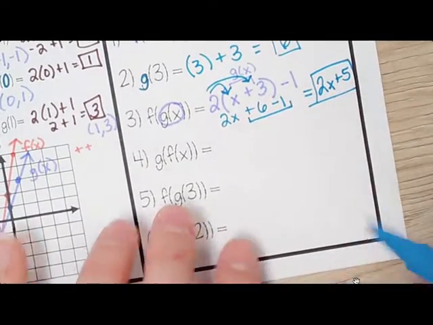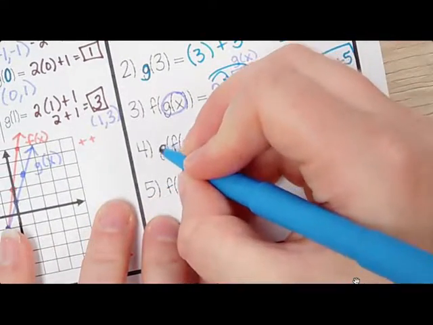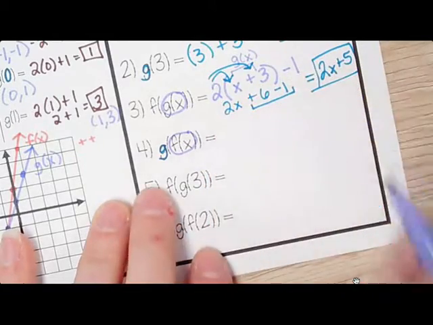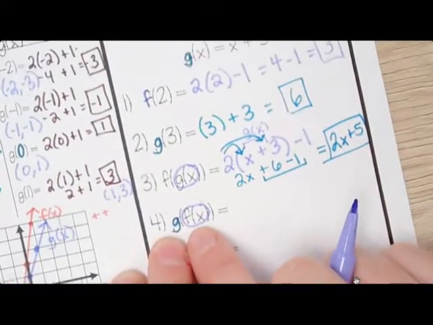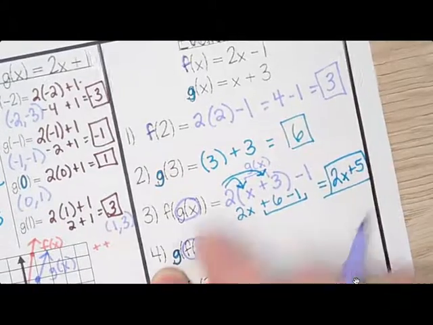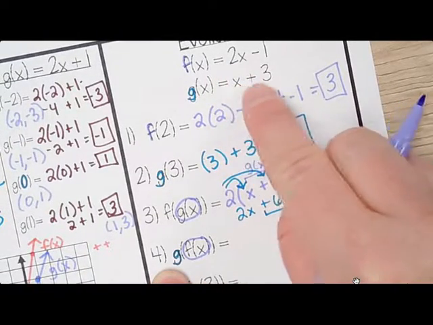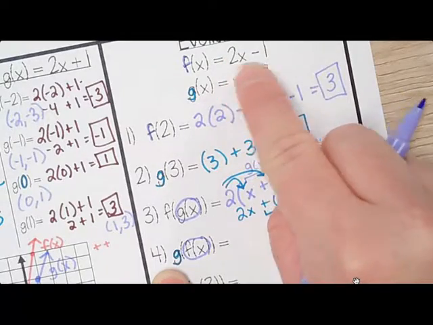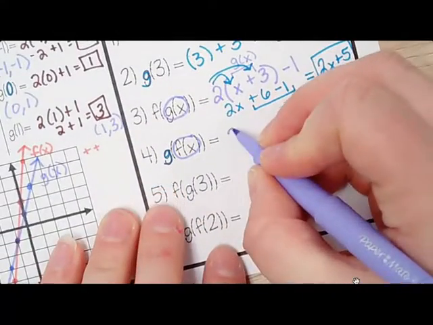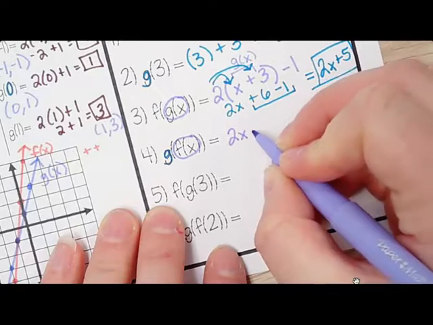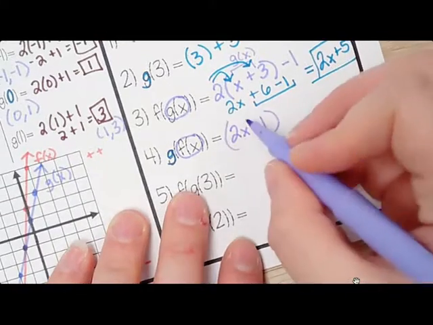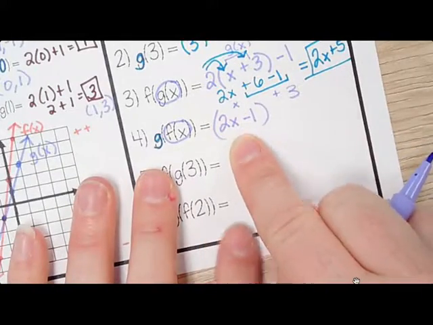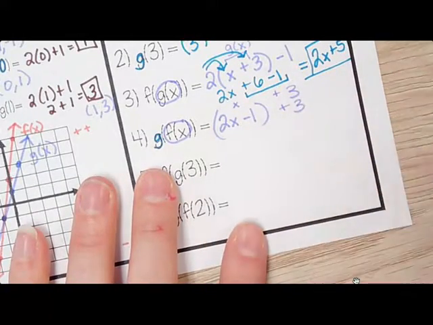Okay, and then this next one is the other way. We have the g outside and f of x on the inside. So where I see the x for the g, it's x plus 3, but instead of writing x, I'm going to input 2x minus 1. So this is x, and this is going to be plus 3.